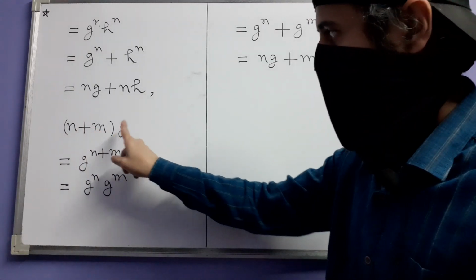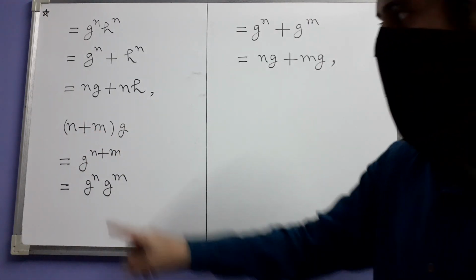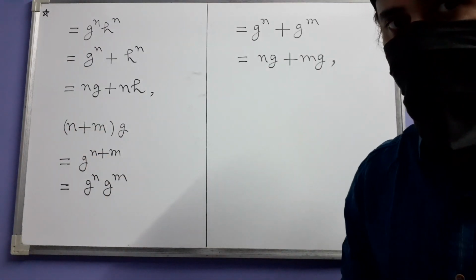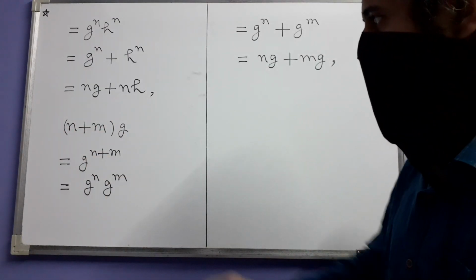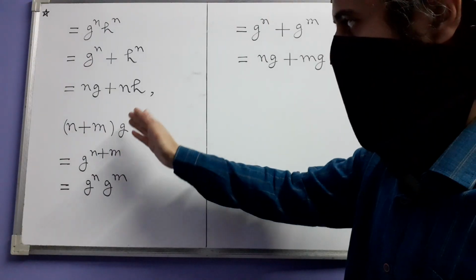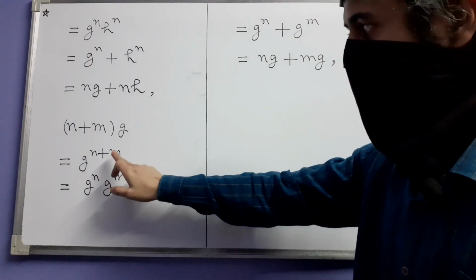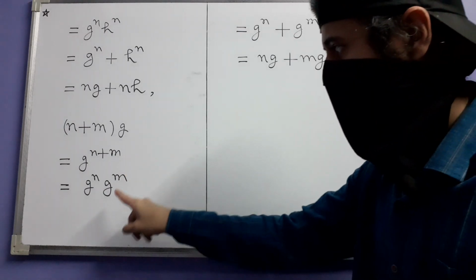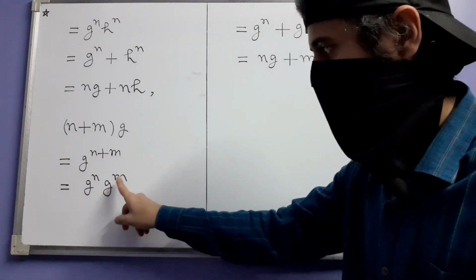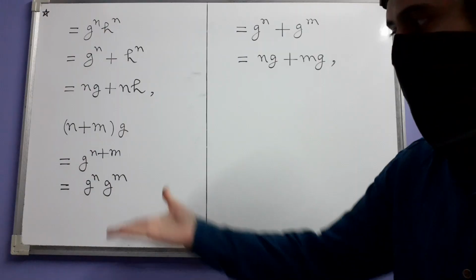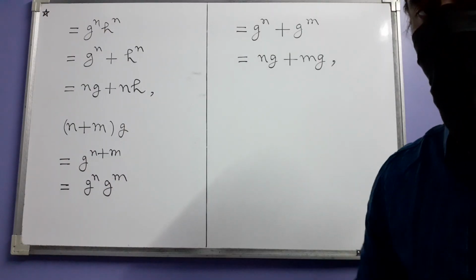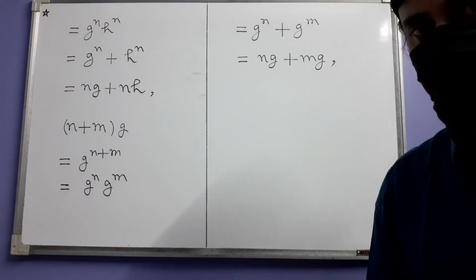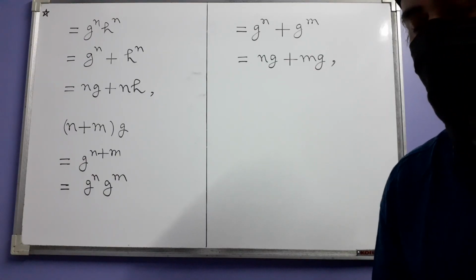N plus m times g. What is this plus now? This is the ordinary addition of integers. And by the definition of this product, this is the n plus mth power of the group element g, which equals the nth power of g times the mth power of g. What is this? This is one of the laws of exponents which you have in groups. Okay, in any group this is true.